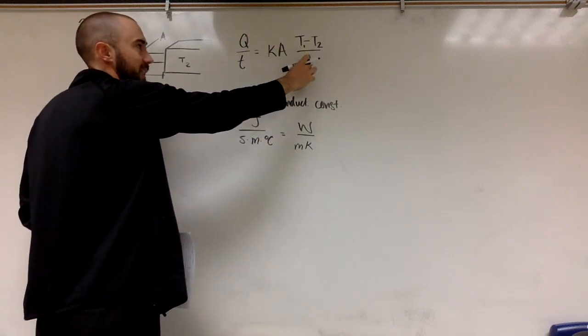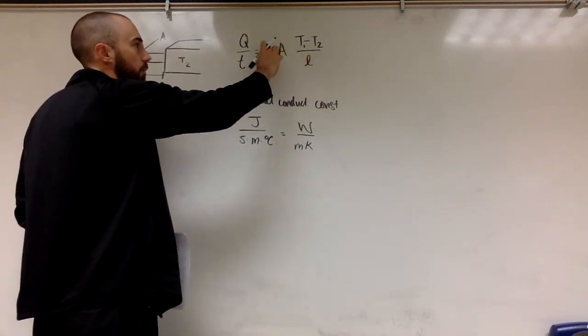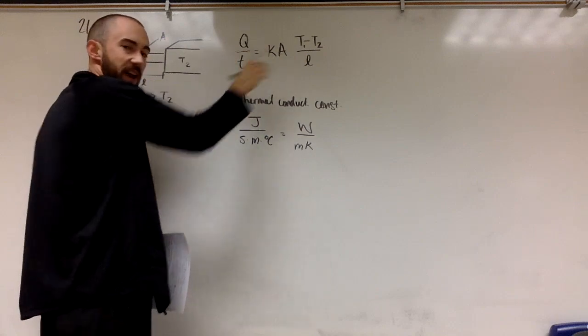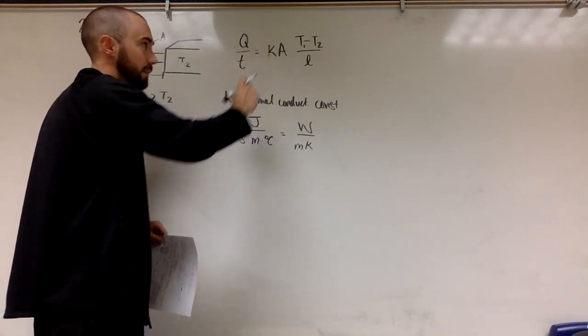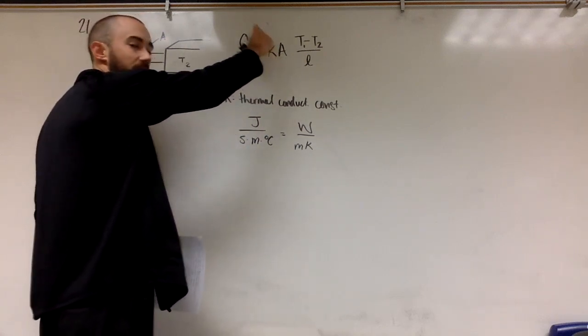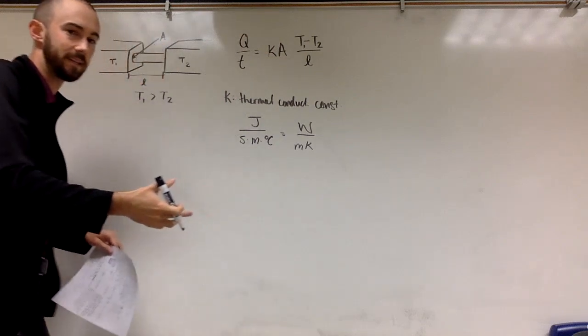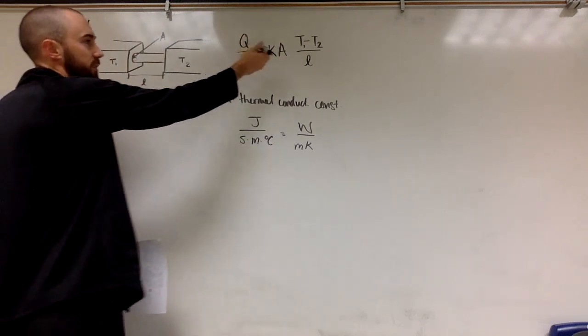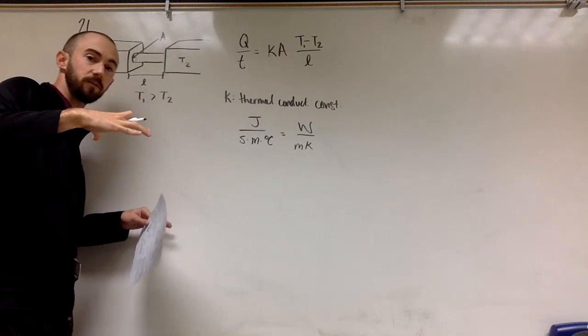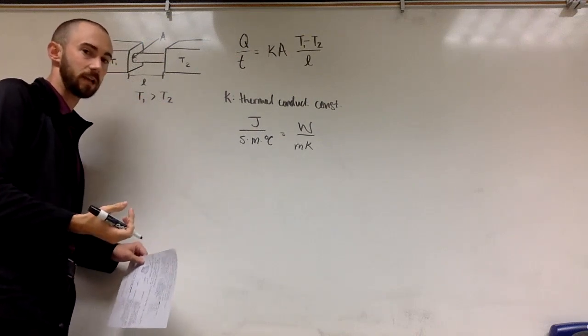The longer that I make it, the slower the rate of heat transfer is going to be because it's inversely proportional. The more thermally conductive I make something, the faster the temperatures are going to change between the sides, because with a higher thermal conductivity constant, more heat is going to be transferred. Same thing with area.